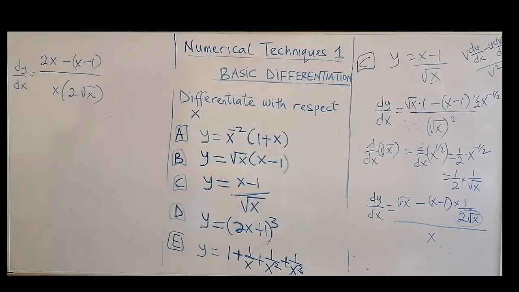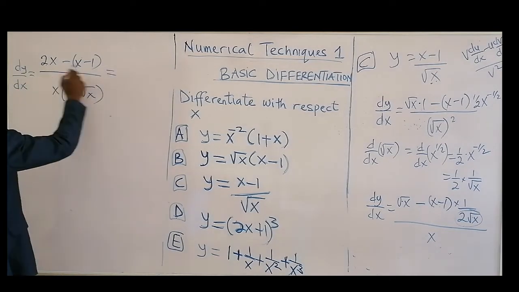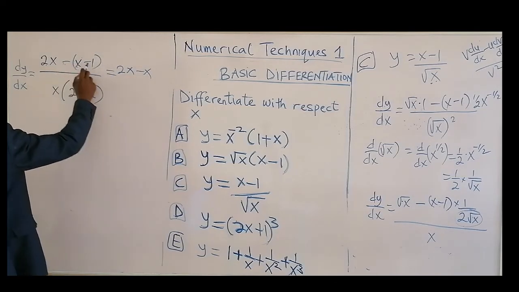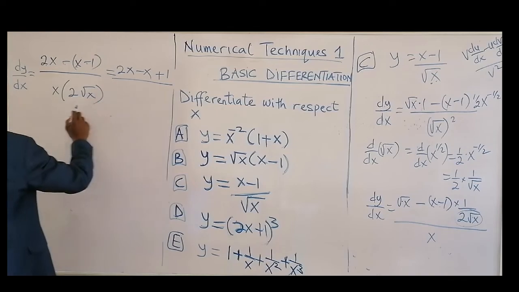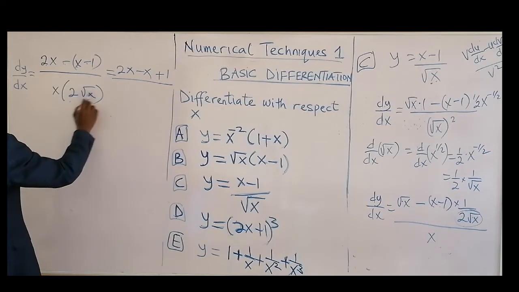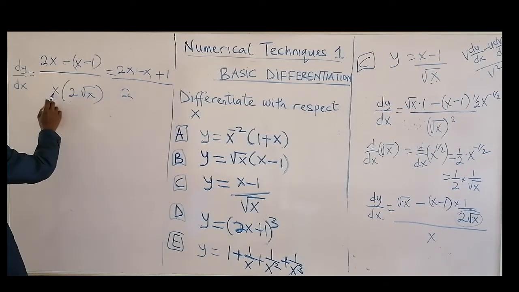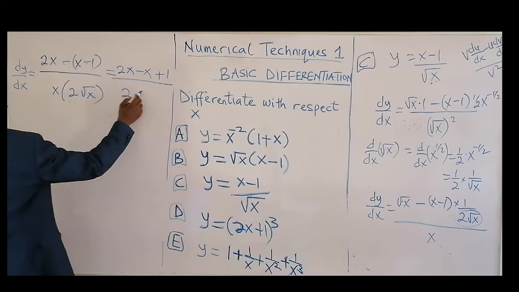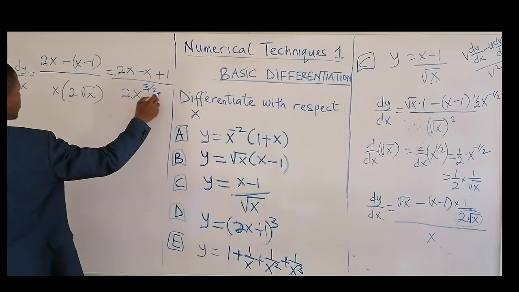Then we can open this bracket: 2x minus times this, that's minus, minus times minus is a plus 1, all over 2, and then x to the power 1 times x to the power half, which is x to the 3 over 2.